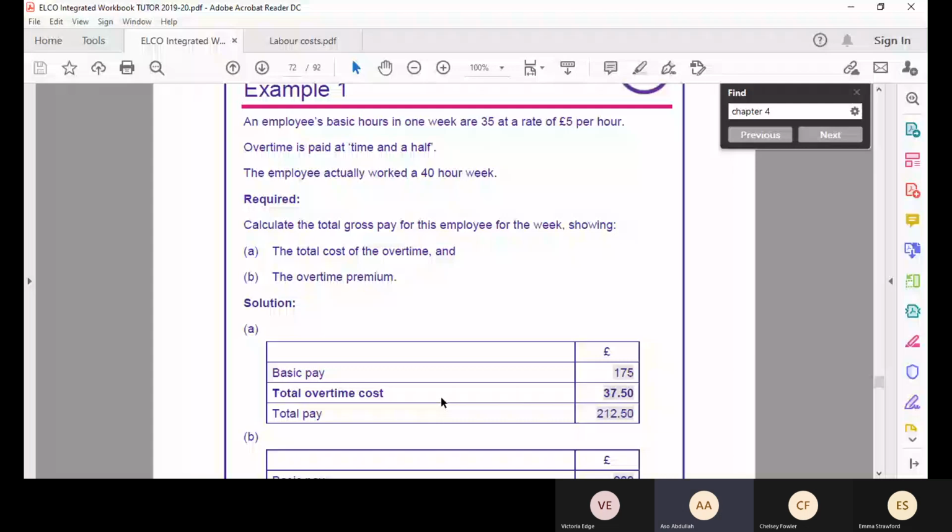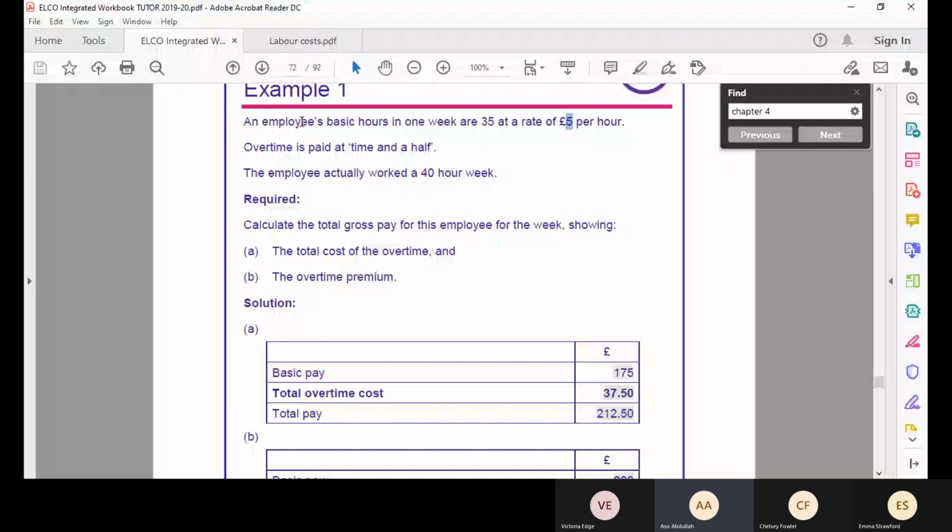So, do you understand the question? It says your contracted hours are 35 hours per week, and they pay £5. However, they pay overtime at time and a half, which means £5 times 1.5, which is £7.50.